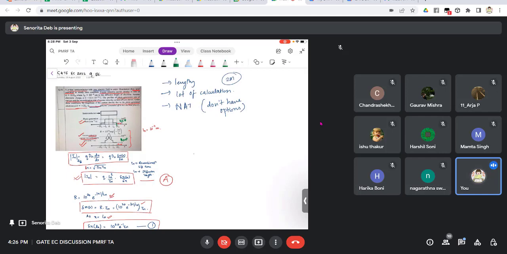We'll then start with JFET. JFET amplifiers will start.